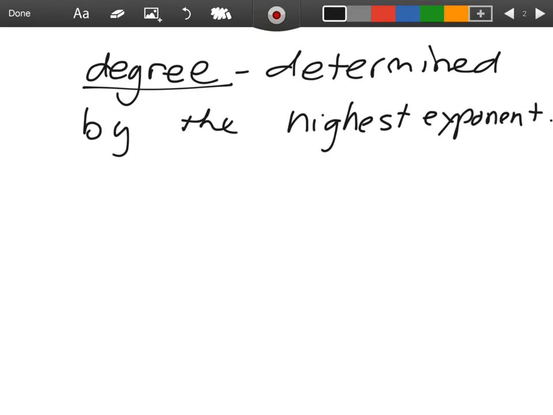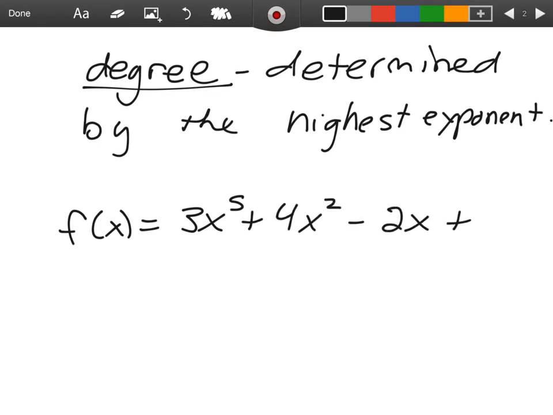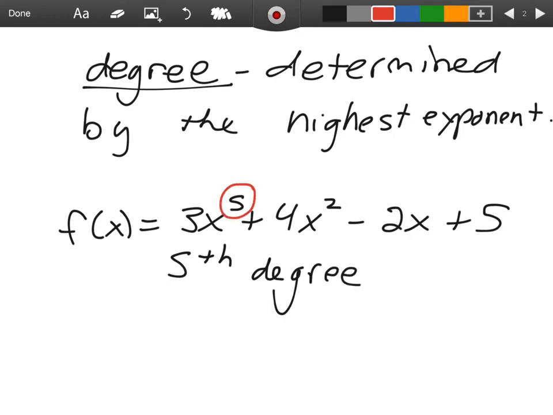For example, this is a 5th degree polynomial because the highest exponent is 5.